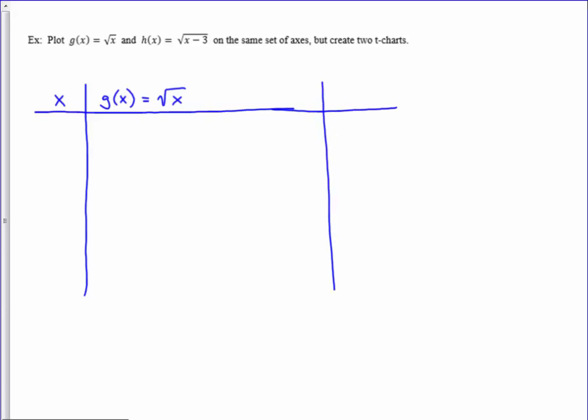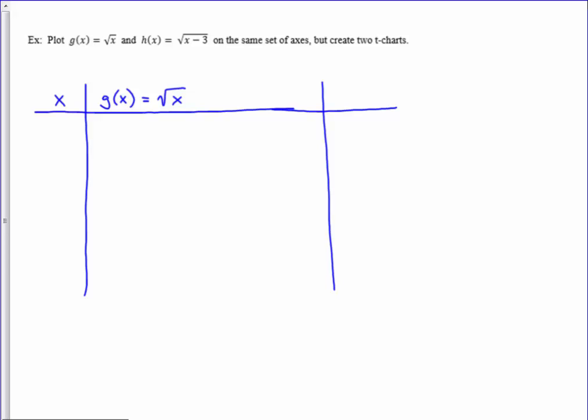On square root functions, it's important to pick the value where the square root function starts. In other words, if we have g of x equals the square root of x, what is the first number that we're able to plug in for x so that it's legal to take the square root? If I choose -1 for x, that's an invalid choice because I can't take the square root of a negative value.